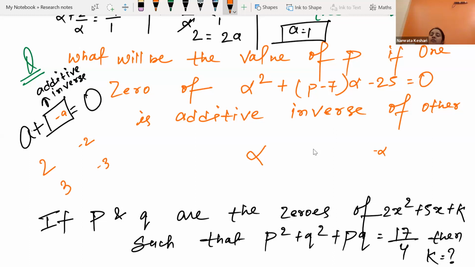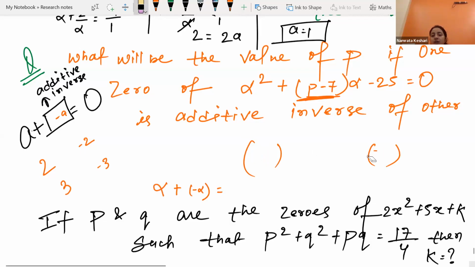Now here sum of the zeros, product of the zeros, again we will use the formula. So sum of the zeros will be alpha plus minus alpha, that is minus b by a. Here this is the quadratic form where the variable is alpha. So let me take zeros as a different variable, otherwise alpha can create confusion.